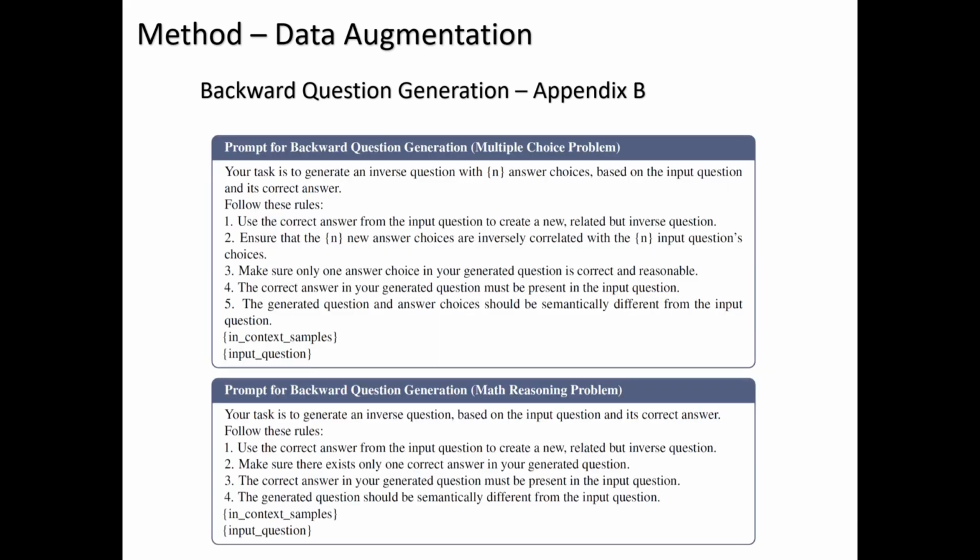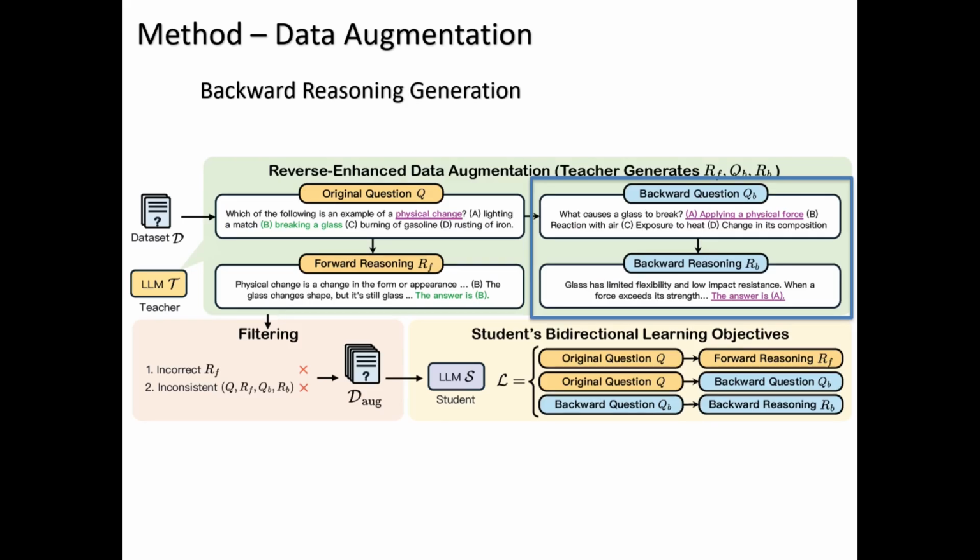The prompt they use to instruct the teacher model to do this is described in Appendix B. They use that prompt to produce the reversed question. And then they ask the teacher model to generate the backward reasoning steps as well. So now they have the original question, the forward reasoning, the backward question, and the backward reasoning.